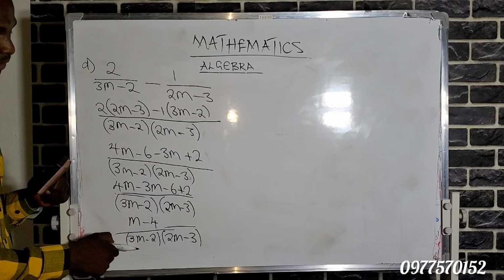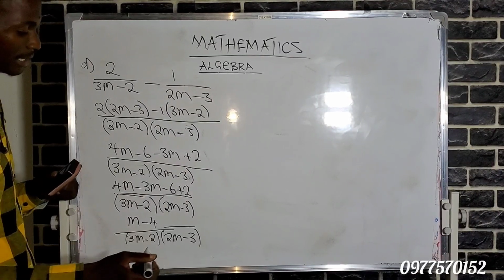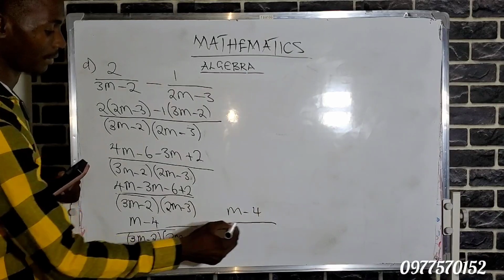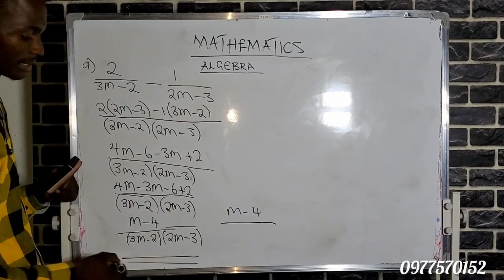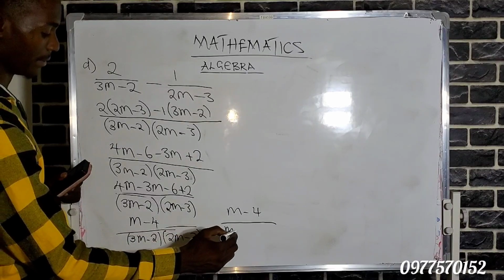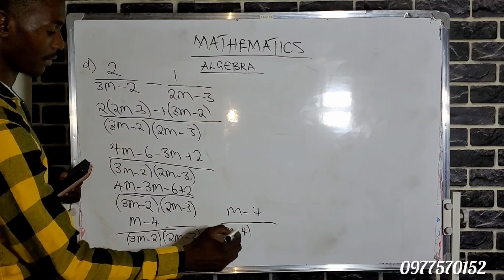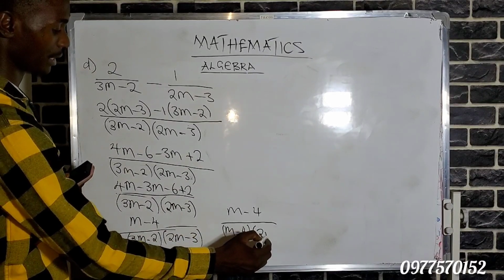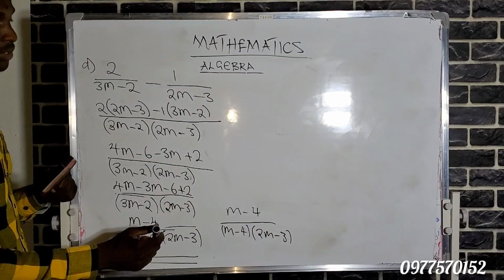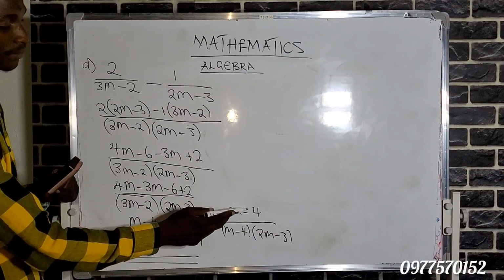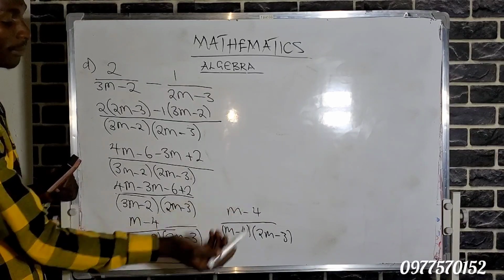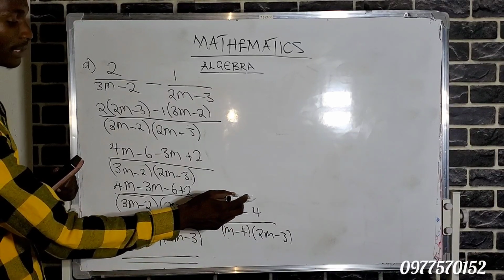If the denominator had m minus 4, by the way, this is the answer, we have nothing in common. But if it was like this, with m minus 4 on the denominator, then you cancel, as we did in the previous lesson.